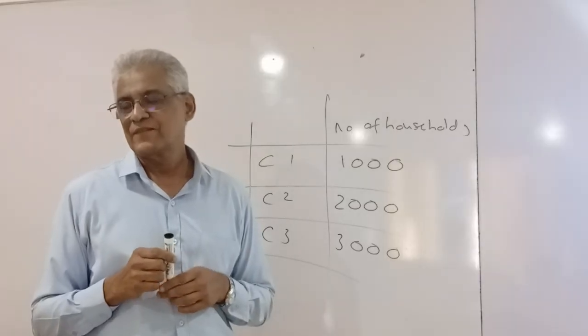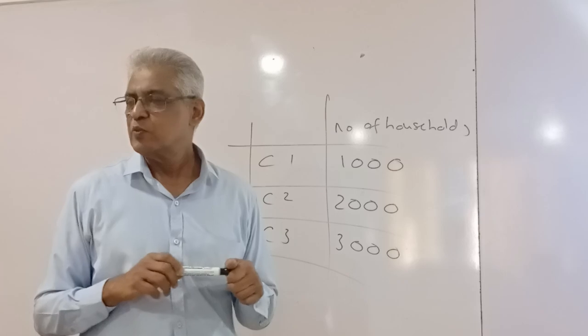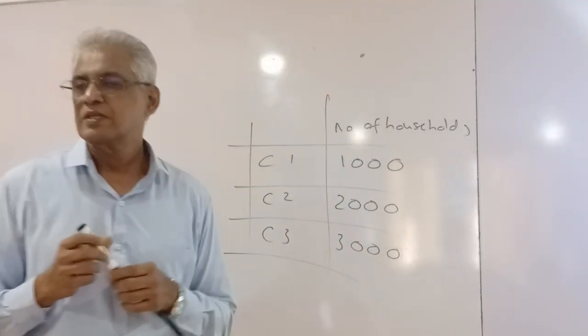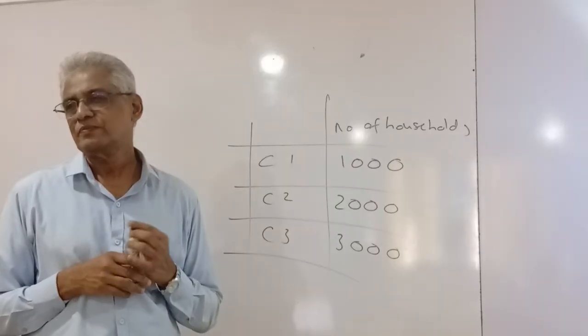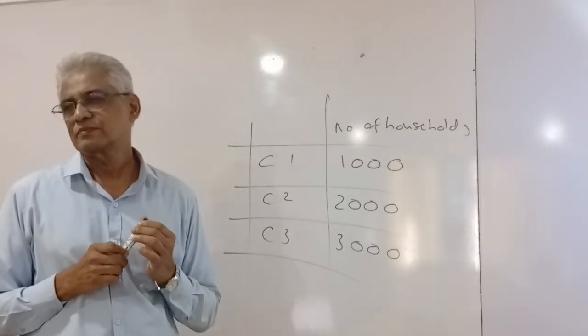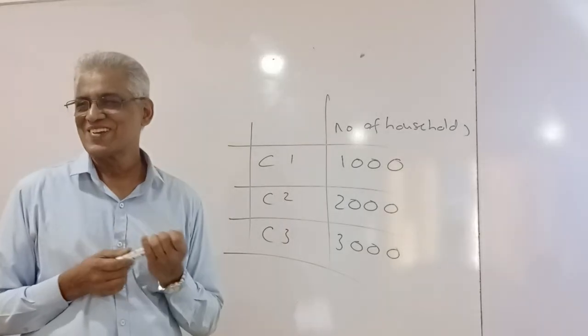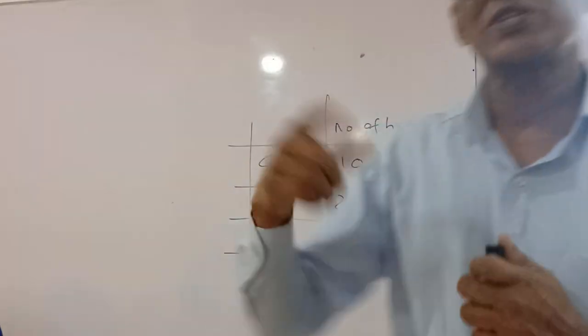Get the average of the households in a county, then... What do you mean by average? There are 1,000, 2,000, 3,000 households, so the average households in a county is 2,000. That's closer to C2, so I would choose C2. But how does that give you the probability proportional to size?